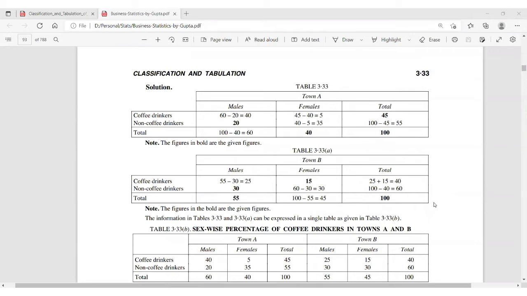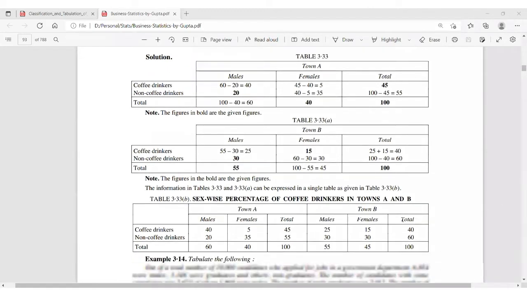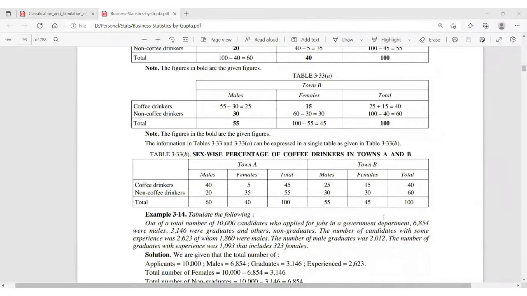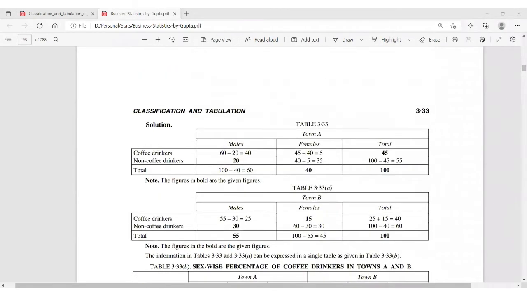So in this example, see, this is for the town A, this is for the town B, and they consolidated town A and town B. See, in this town A, there are two things: coffee drinkers and non-coffee drinkers.